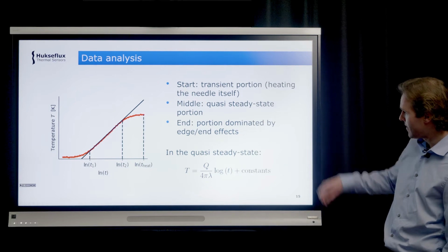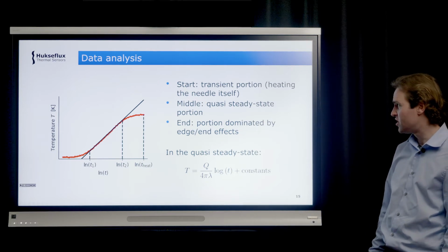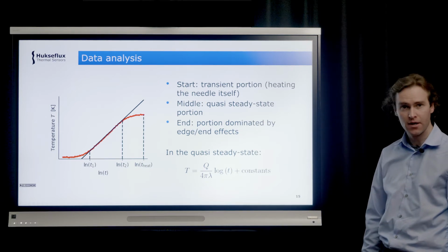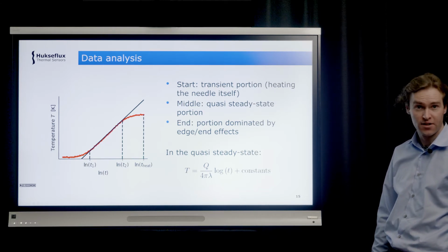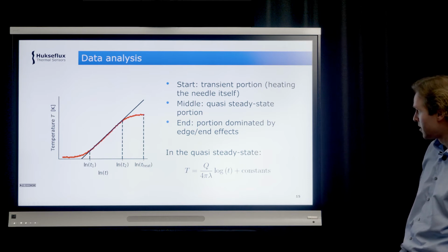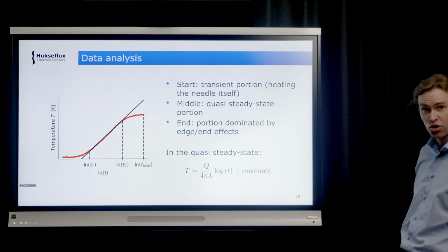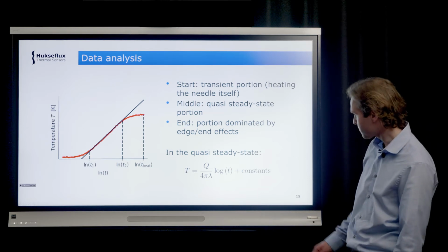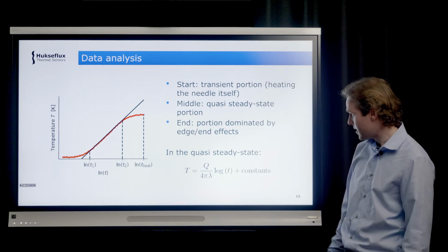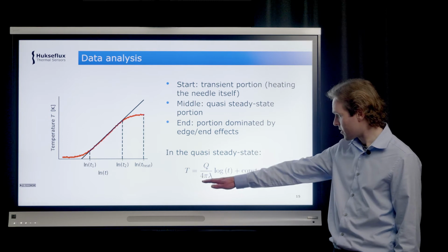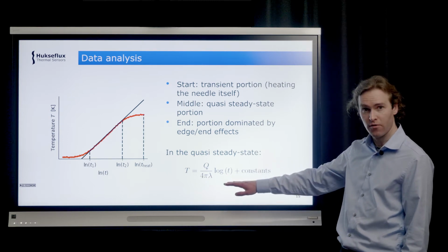And then towards the end, you can start to see portions that are dominated by edge or end effects. So basically, you will start to see the finite size of the material and the probe. And this should also be excluded from the analysis. In the quasi-steady state, the temperature is linear with the logarithm of time.